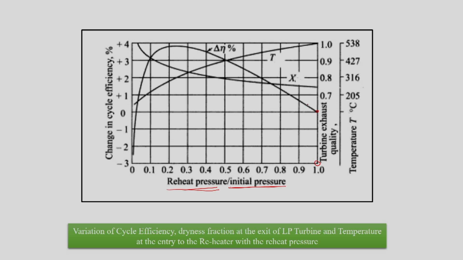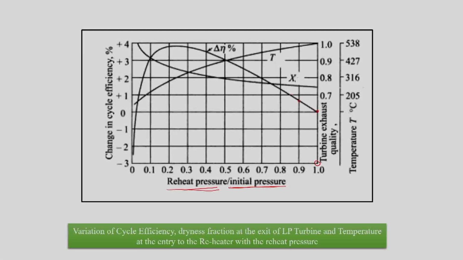If we reheat at a pressure close to the boiler pressure, then we start getting higher and higher efficiency, and this is how the reheat pressure is decreasing. So we get higher and higher efficiency. At a particular reheat pressure around this region, which is 0.2, we are getting the highest efficiency.